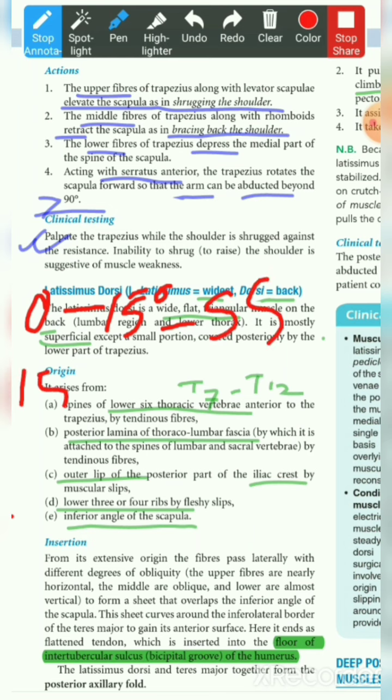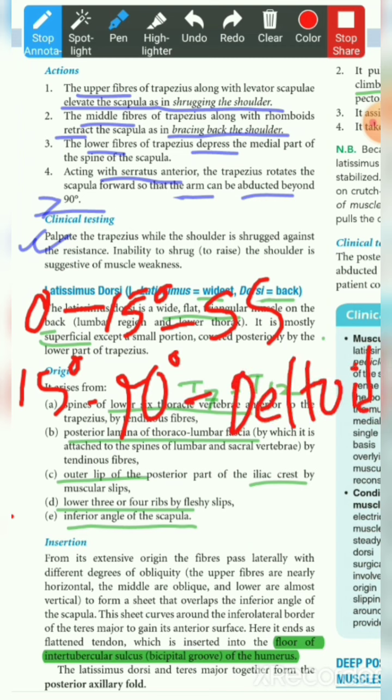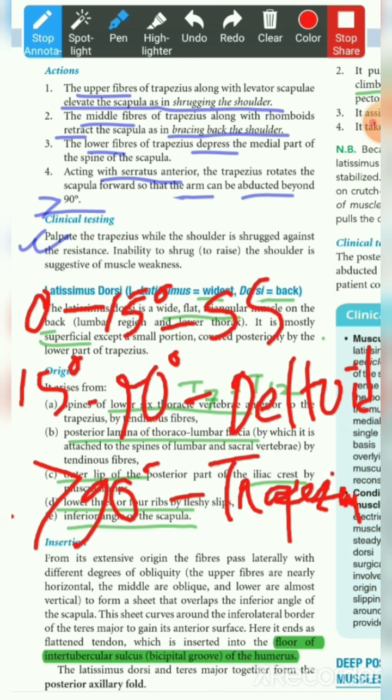From 15 degrees to 90 degrees, it is by the deltoid muscle. We have already read that. And beyond 90 degrees, the abduction is done by the trapezius as well as serratus anterior.